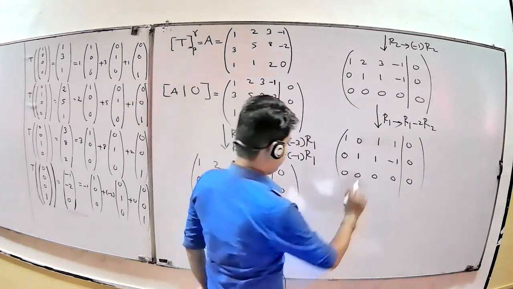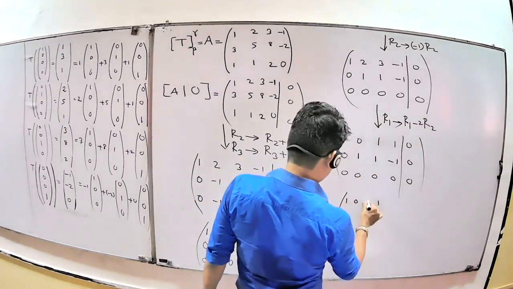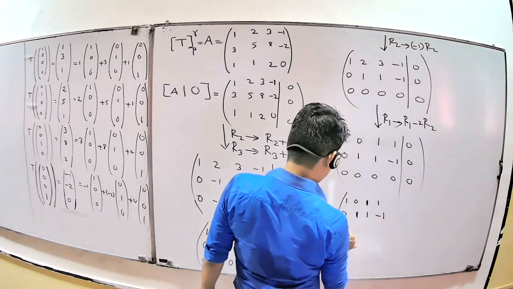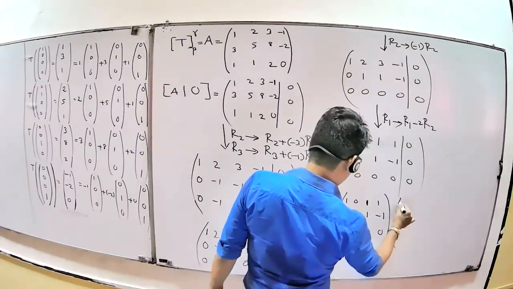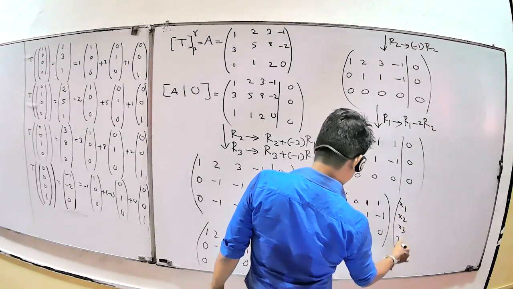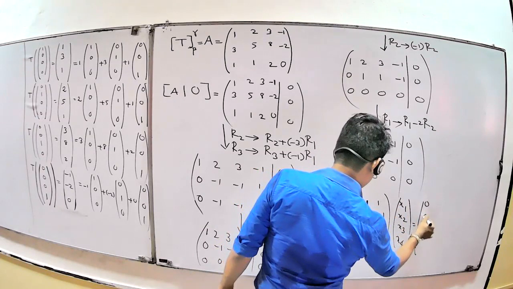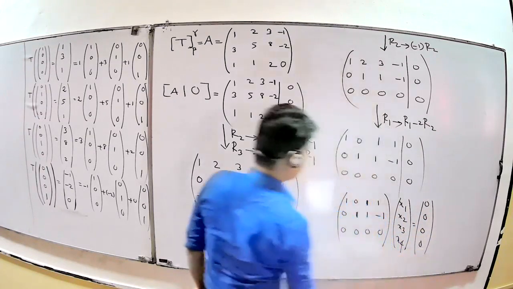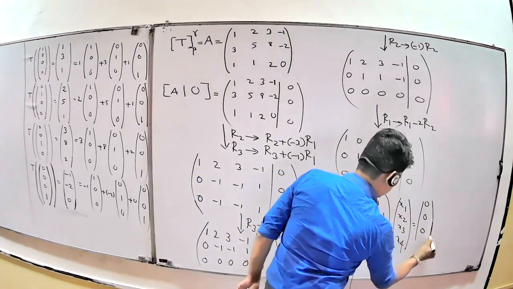Okay, right. From this part you can write 1, 0, 1, 1, 0, 1, 1, minus 1, 0, 0, 0, 0. Here x1, x2, x3, x4 equals 0, 0, 0, 0.